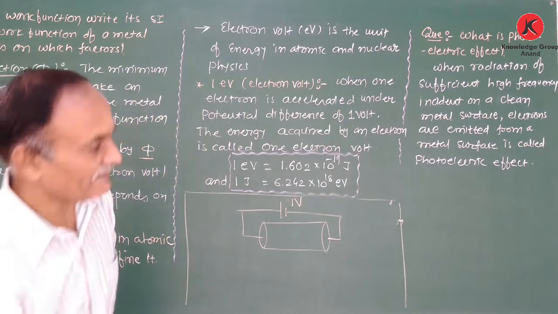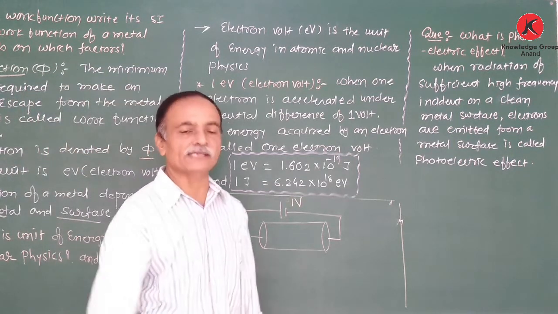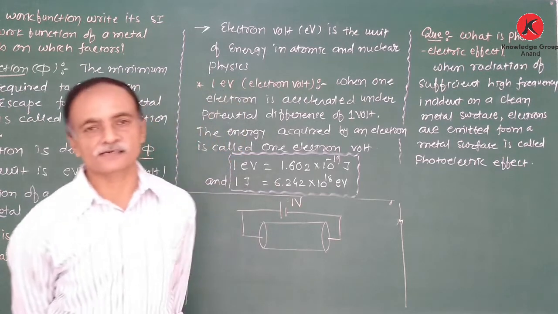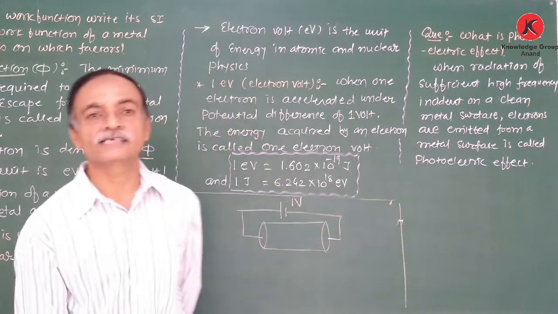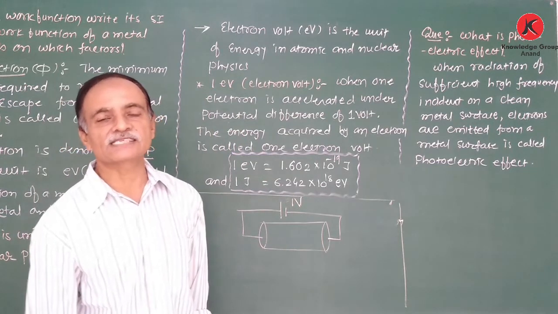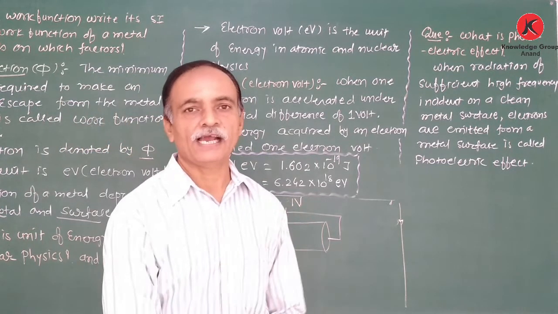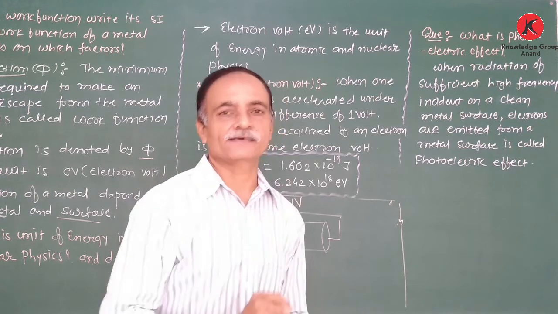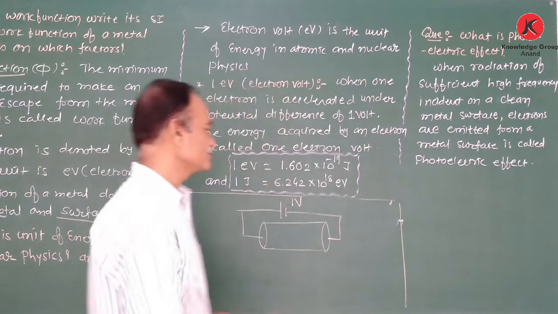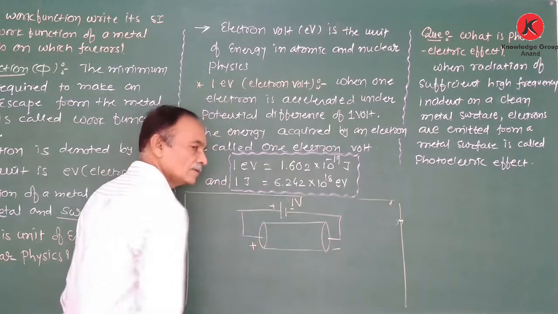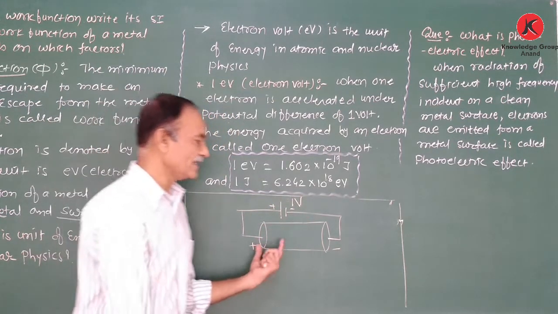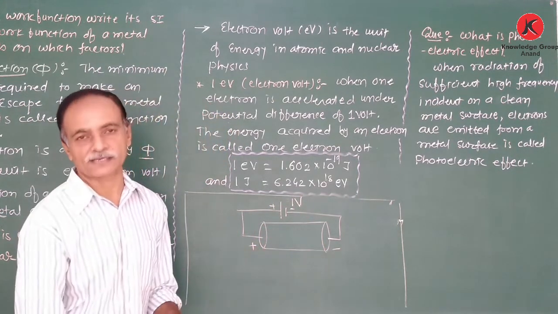In chapter 3 we discussed that as we apply the battery across the conductor, only the electrons are traveling while the positive ions are fixed at their lattice points, and we define the electric current. Here the positive and negative terminals of a battery are connected at the two ends of a metal.